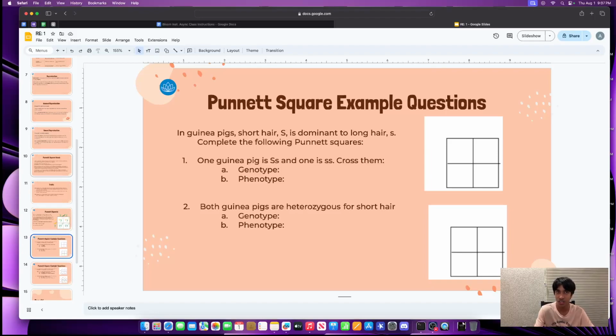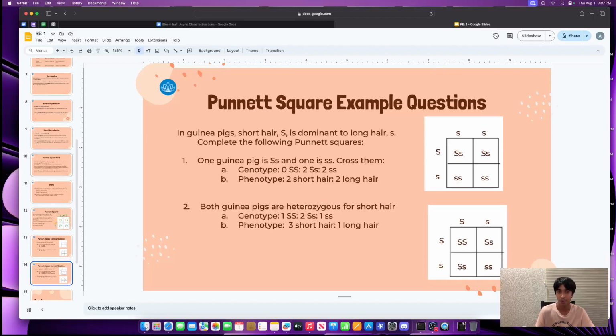Phenotype is physical, and genotype is actually the back end, like the actual coding for the phenotype. It's literally the description in letters of that genetic trait.